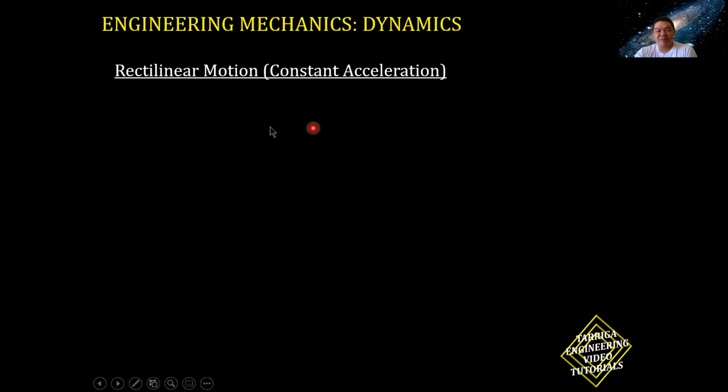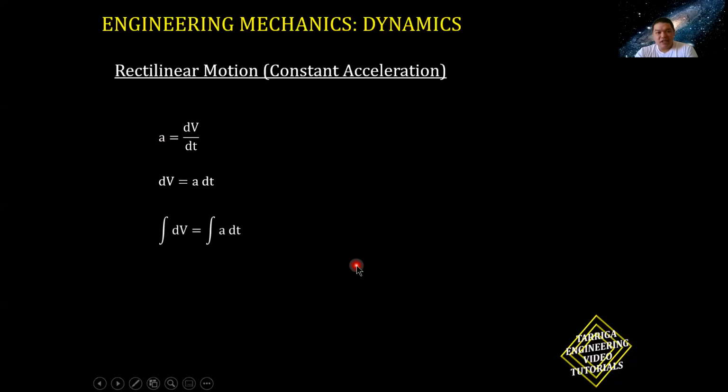You will see some integrals here, but I think you will appreciate this. From the principle A is equal to dV over dt, if you cross multiply, you get dV is equal to A dt.